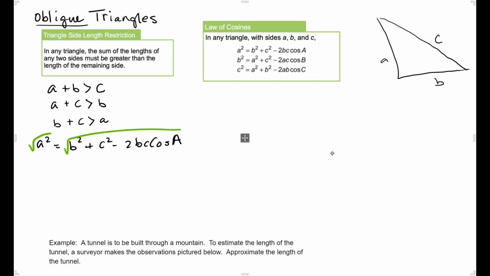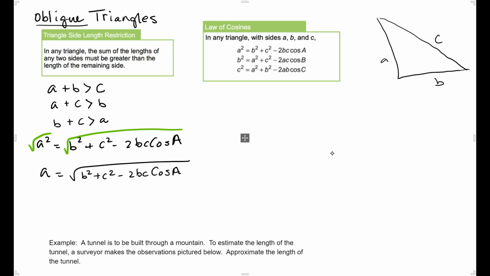So I'm going to take the square root of this. So what is A? A will equal the square root of B squared plus C squared minus 2BC cosine of A. So that's what the side length A would equal using the law of cosines.